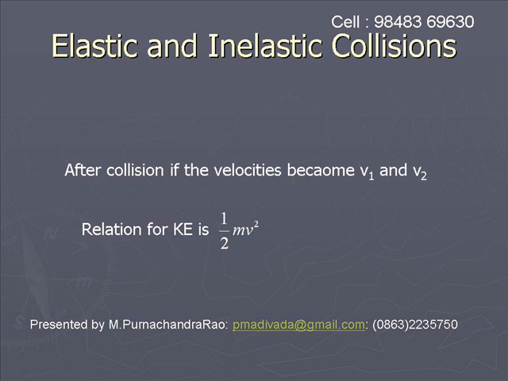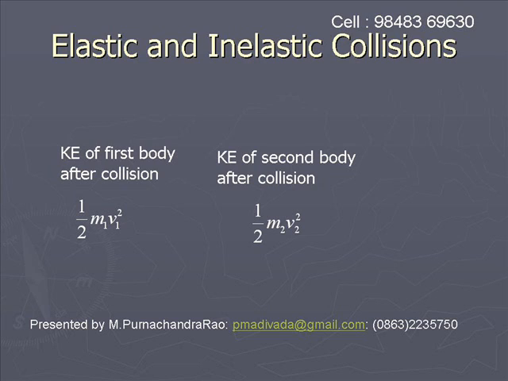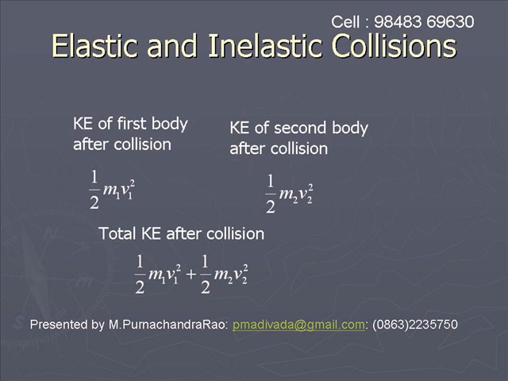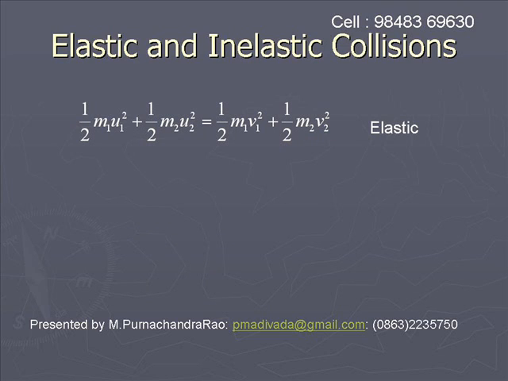After collision, if the velocity of the first body becomes v1 and that of the second body becomes v2, then the total kinetic energy after collision is half m1 v1 square plus half m2 v2 square. If half m1 u1 square plus half m2 u2 square is equal to half m1 v1 square plus half m2 v2 square, such a collision is known as elastic collision.